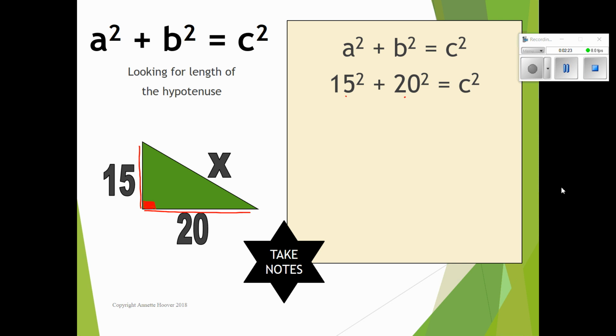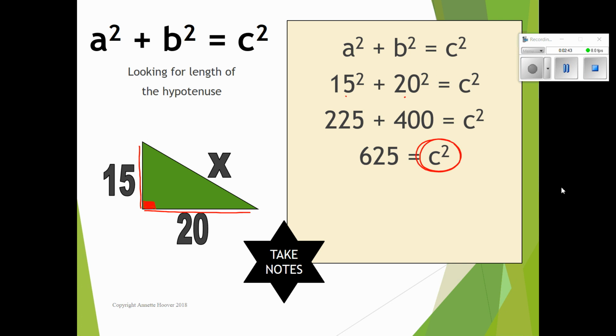Now to evaluate it, we have to square both the numbers 15 and 20. 15 squared is 225. 20 squared is 400. That equals c squared. We add the two together. That is 625 equals c squared, but we're not finished yet because we want to know what side c is, not c squared. And we learned that the opposite of squaring is taking the square root.